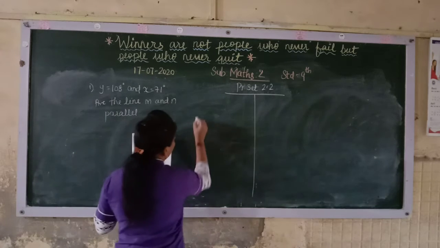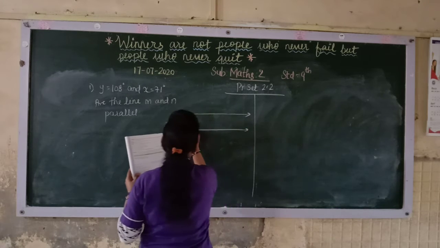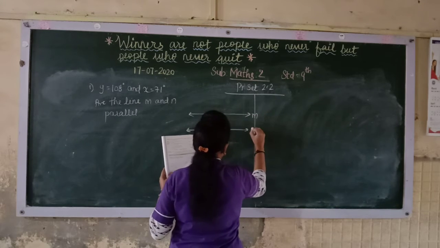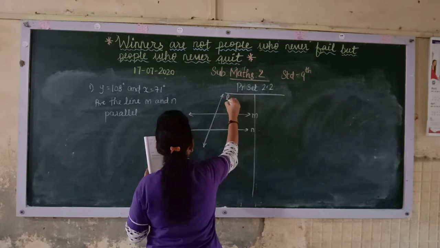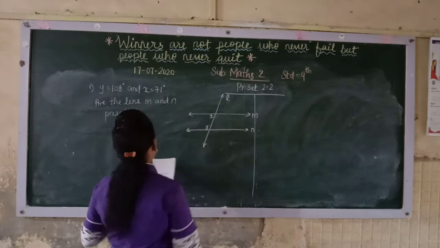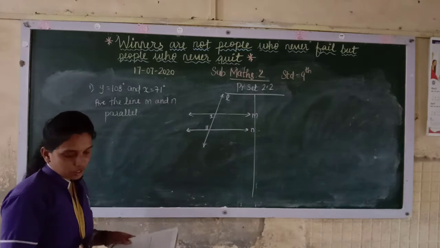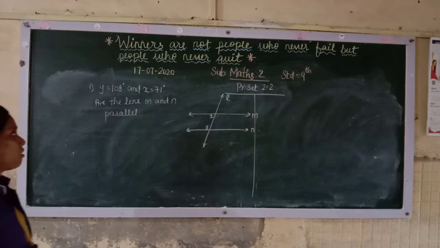So here we have two lines, here it is m and n, and here you have l. This is x and this is y. Now see here, we have to show whether the lines are parallel or not.